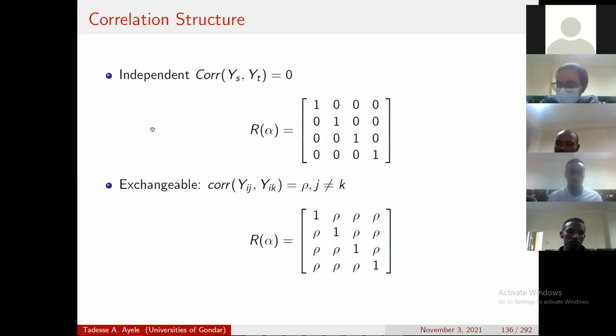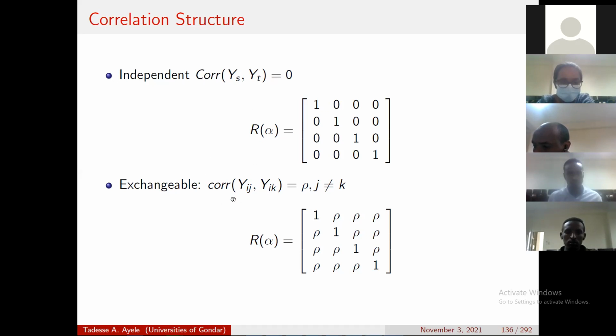So when we say correlation structure, it means the type of correlation the data experiences or behaves with. There might be different correlations among the observations within the data. If you randomly pick two observations, y at time s and y at time t, and the correlation of these two observations is equal to 0, that means there is no correlation: independent correlation structure.